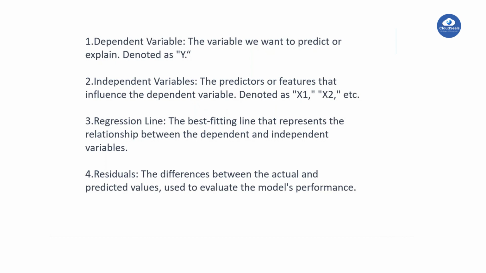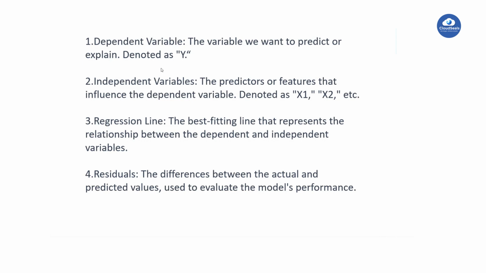Likewise, the independent variables are called predictors or features, whatever it may be. That is the difference between the dependent variable and the independent variables. The predictors influence the dependent variable, so if there is any change in an independent variable, that change will impact the dependent variable. Correct.